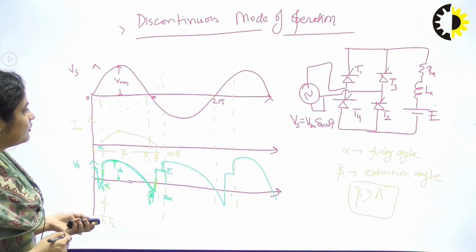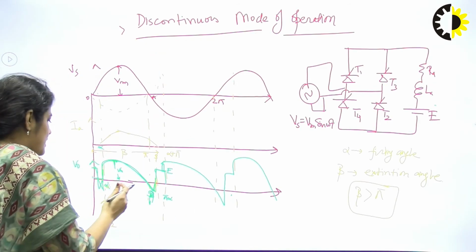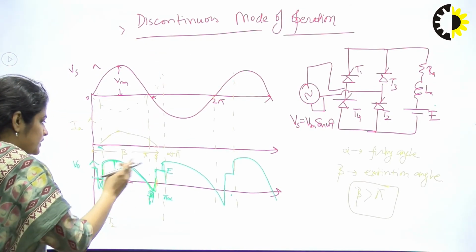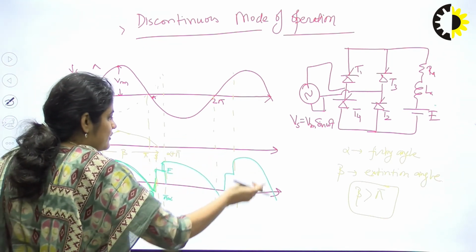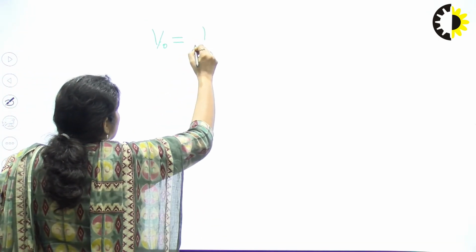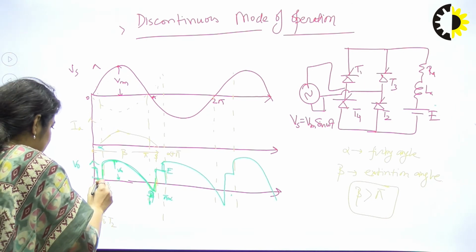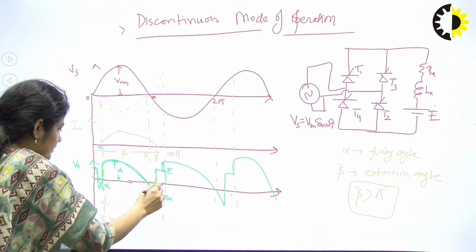Now we will try to find out the average voltage of discontinuous mode. So V0 is equal to the duration, because after pi, you are getting the same waveform. So the repetition will be after pi. So average value can be found as 1 upon pi, and we are taking from alpha to pi plus alpha.